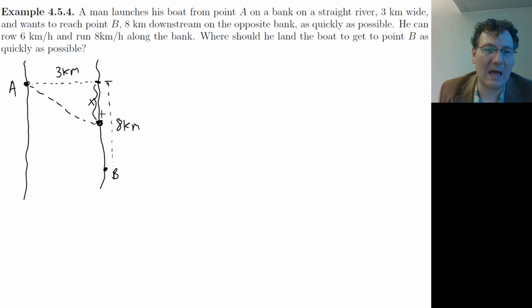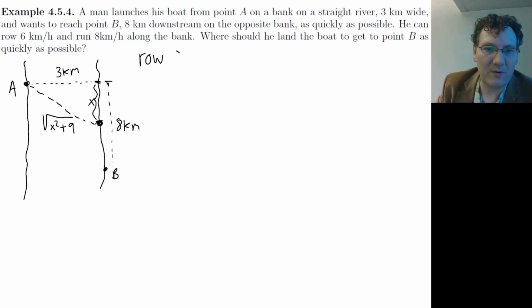So we want to find out how long it takes him to row along the diagonal and then to run down the rest of the way. So he's going to row. Well, let's find out what the hypotenuse is. This is going to be the square root of the base squared, which is x squared, plus 3 squared, which is 9.